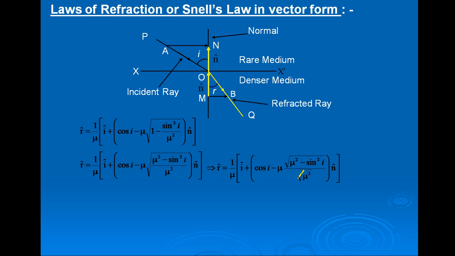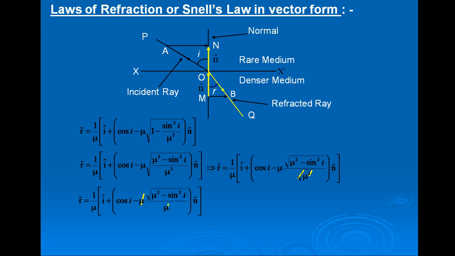Now square root and square cancel each other, so we can write r cap is equal to 1 upon mu into, within the square bracket, i cap plus, within the small bracket, cos i minus under root mu square minus sin square i upon mu, into, outside the small bracket, n cap unit vector.